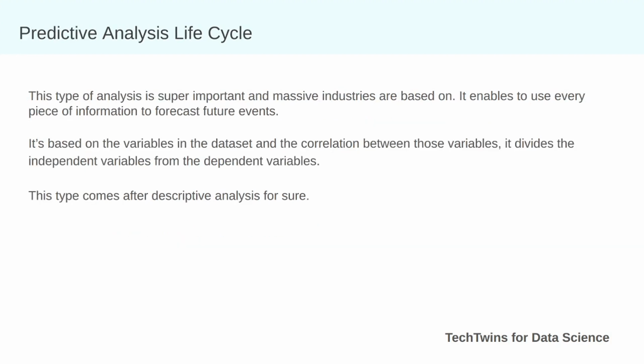When it comes to predictive analysis, this type of analysis is super important and massive industries are based on it. It enables us to use every piece of information to forecast future events. Sweet example here, if we talk about Uber trips, the fare is based on three factors: fixed fare, distance in kilometers, and duration in minutes.